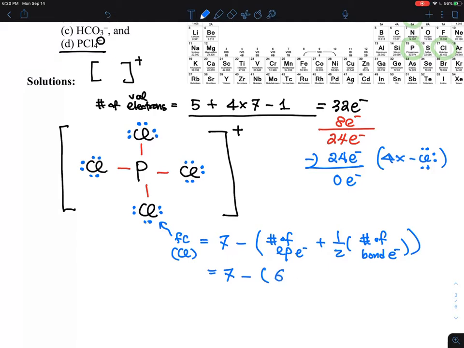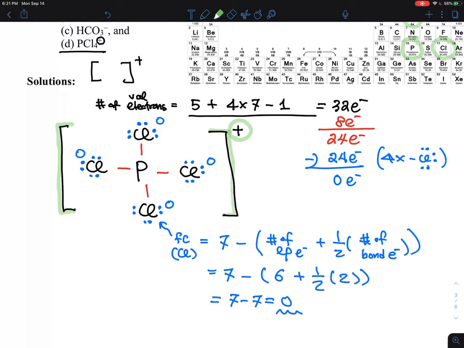I see 6. How many bond electrons? The one in red, I see 2. So 7 minus 7 is 0. So no formal charge for this one, and likewise for the others.